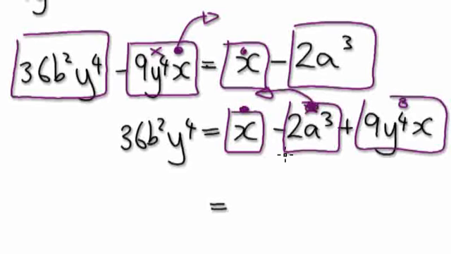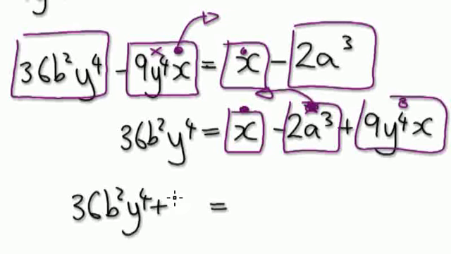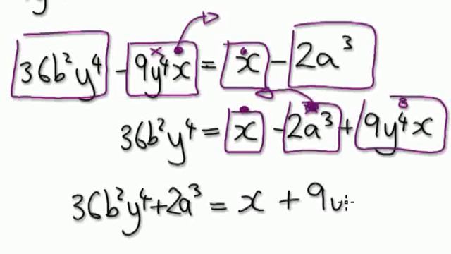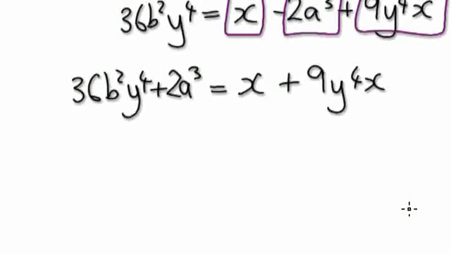So we're going to add 2a to the power 3 to both sides. So it will be 36b squared y to the power 4, add 2a to the power 3. On this side it will be this, plus and so on. And now you're trying to make x the subject, and x is here and here.